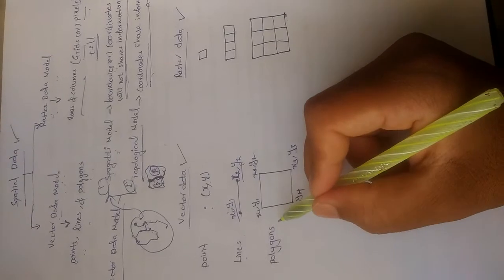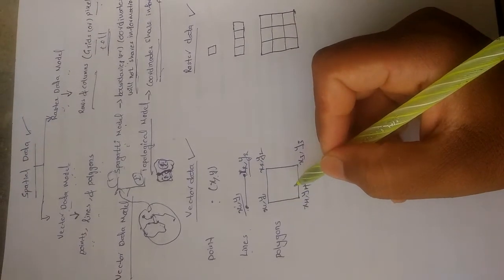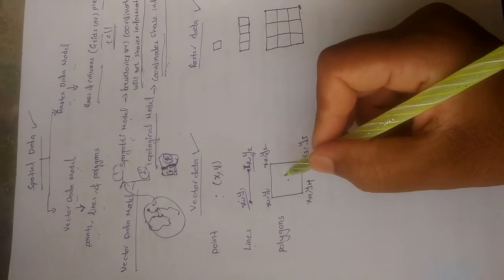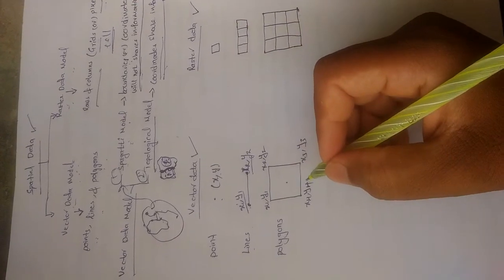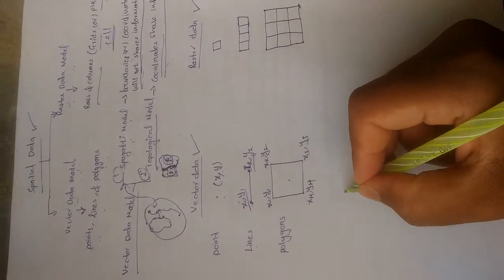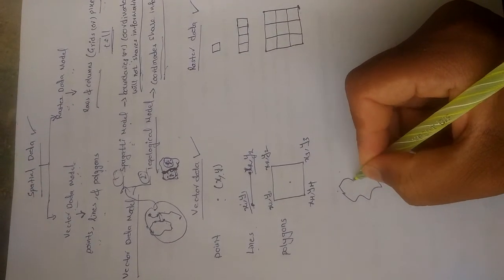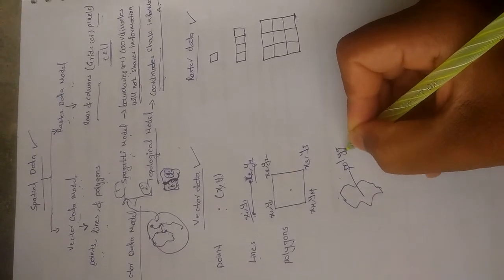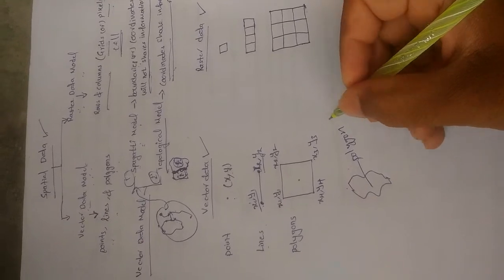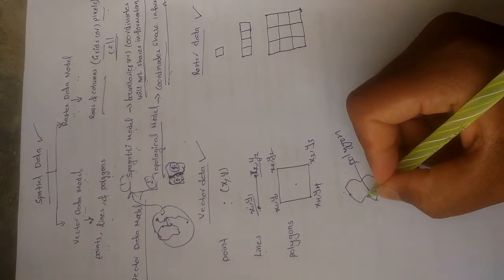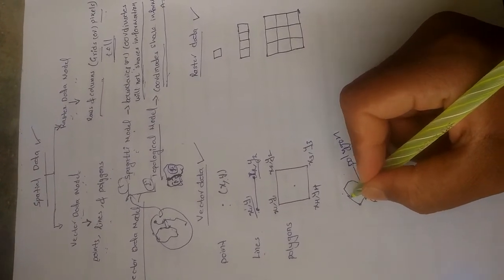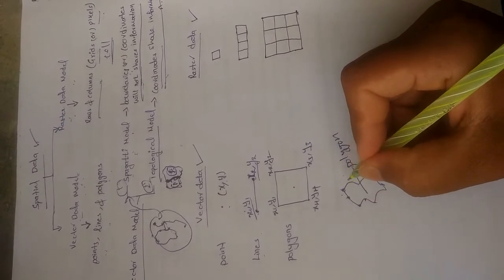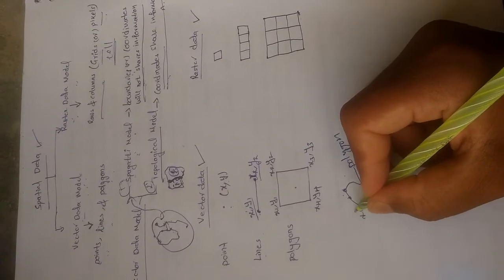If we take a polygon, actually it is a regular area, but generally you can have irregular shape boundaries also. This one we can also call a polygon.